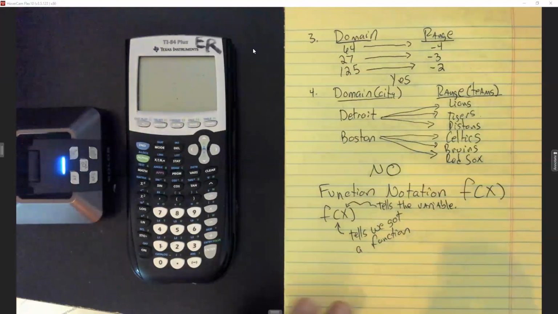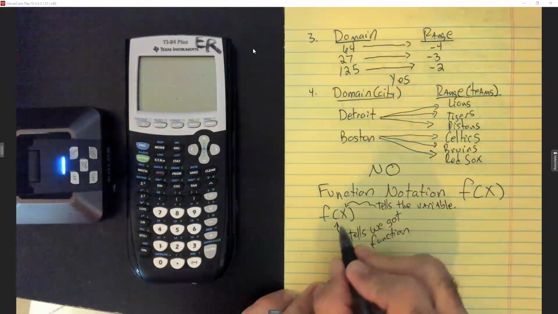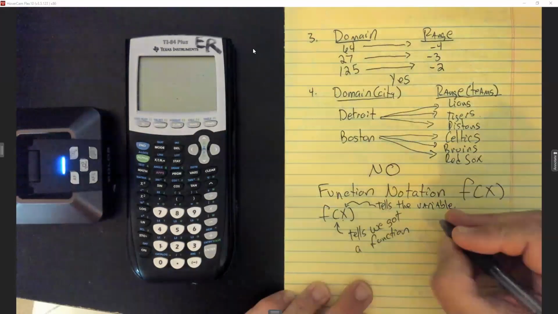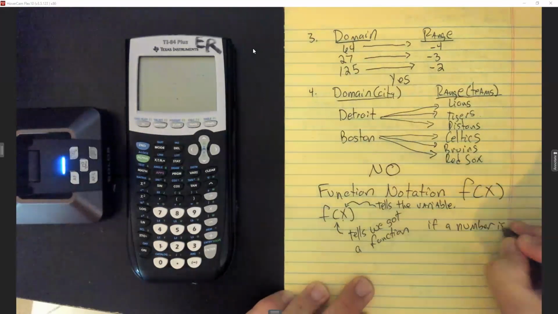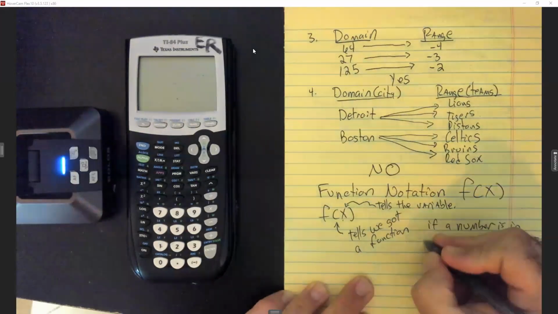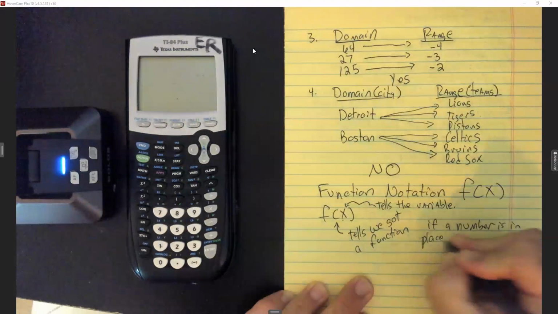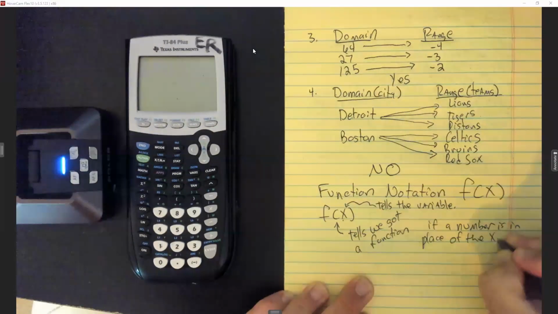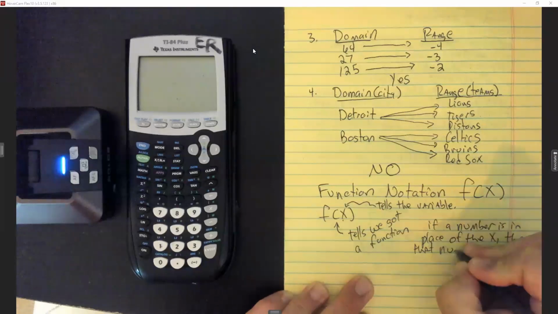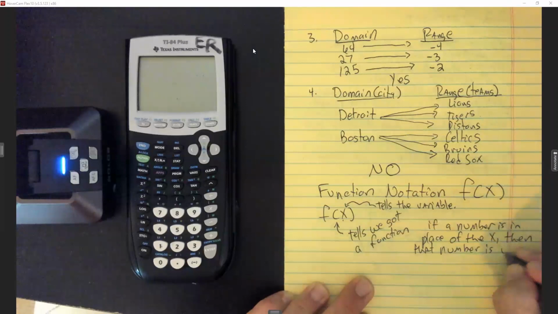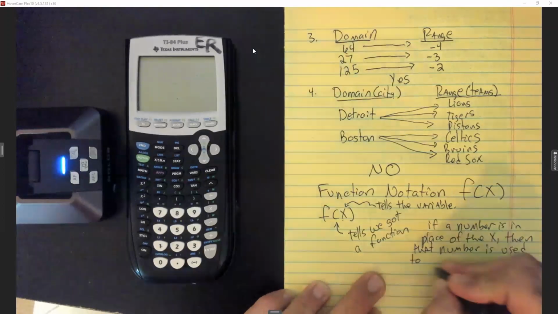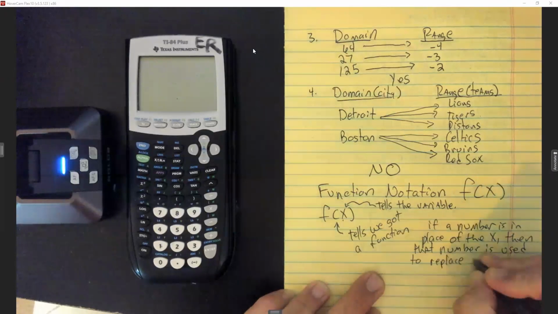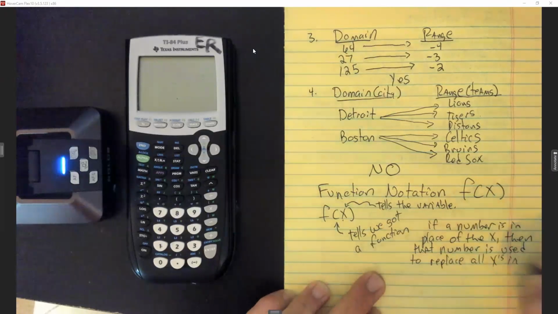Now, the thing about this, if there's a number in place of the x, then that number is used to replace all the x's in the expression.